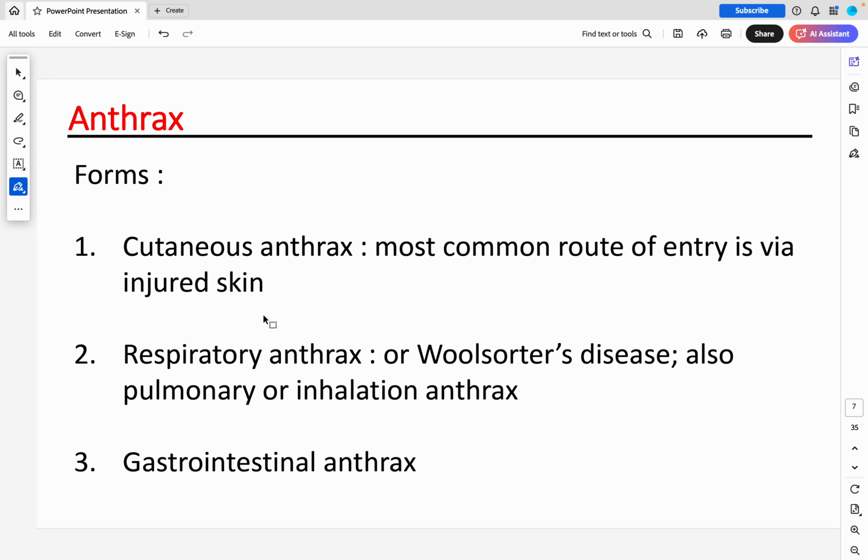First is cutaneous. Cutaneous anthrax is the most common manifestation of anthrax, if the route of entry of the pathogen is via cuts or injuries in the skin. On the other hand, respiratory anthrax, or wool sorter's disease, is also called pulmonary or inhalation anthrax. Gastrointestinal anthrax, as the name suggests, affects gastrointestinal organs.